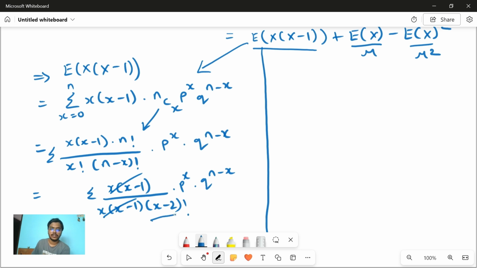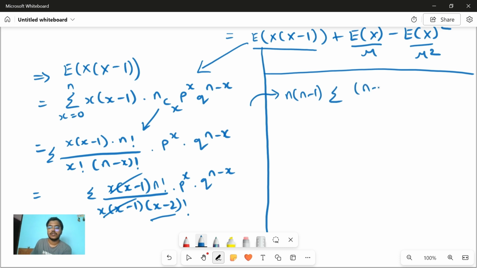Now here we got X minus 2. Previously we got X minus 1. I forgot the n factorial, so we can write this as sigma. N factorial can be written as n into n minus 1 into n minus 2 factorial. I'm again trying to do the same thing, understood?